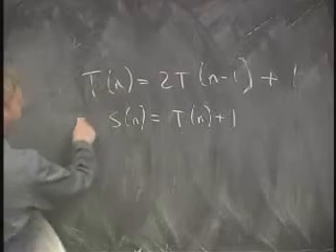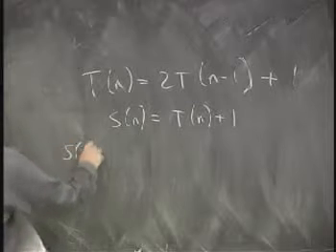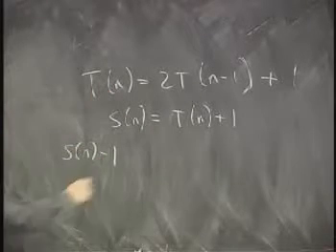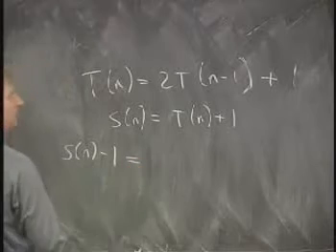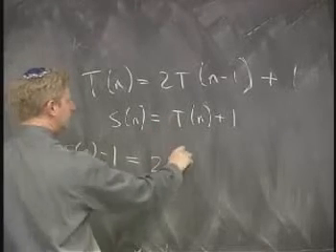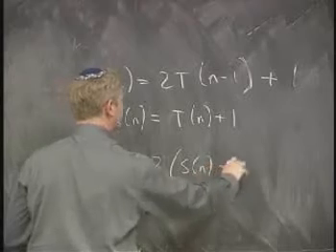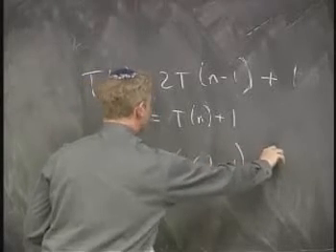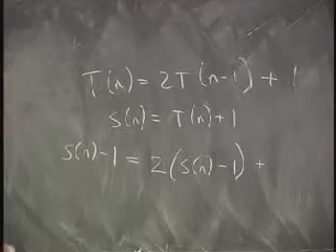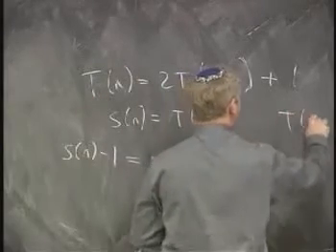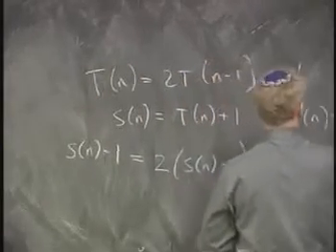S of n minus 1. S of n minus 1, that's the same as t of n, right? Equals 2 times S of n minus 1 plus 3. Here. I don't think so. T of n is S of n minus 1.